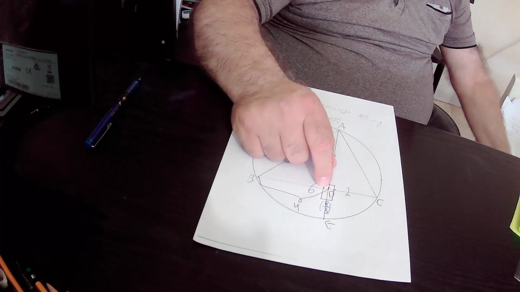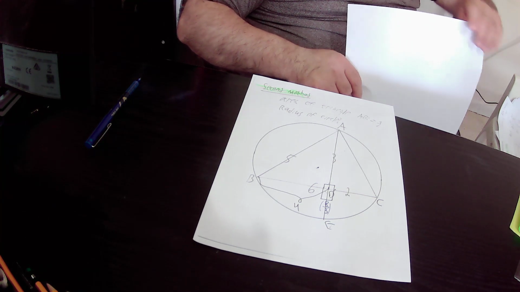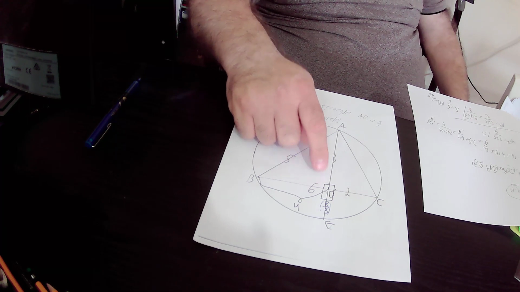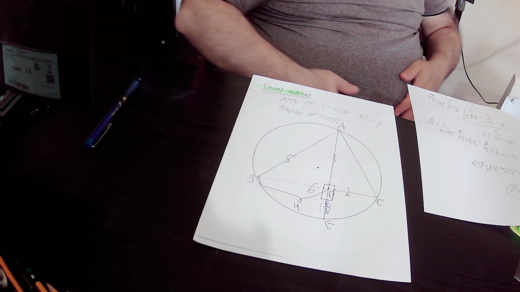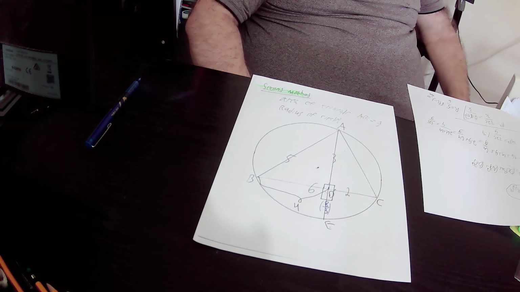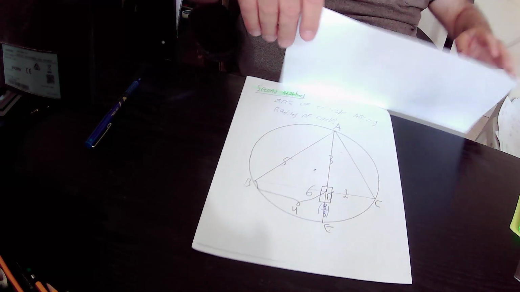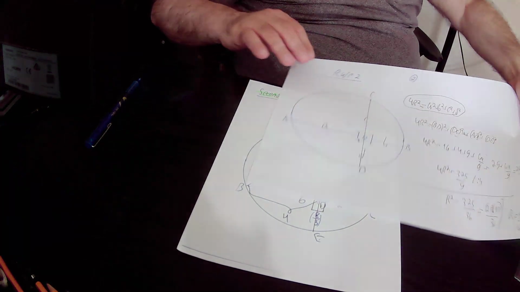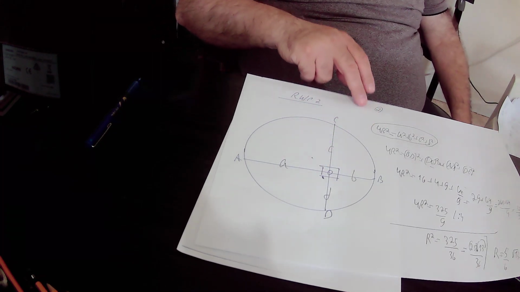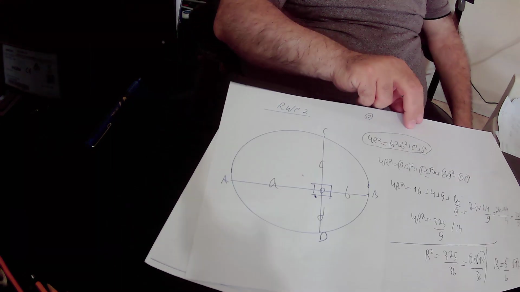Then I presented to you rule number 2. But before that, all the angles around point D are right angles, according to the rule that the sum of the angles on one side of a straight line is equal to 180 degrees. According to rule number 2, if chord AB intersects with chord CD at 90 degrees, then 4r squared equals a squared plus b squared plus c squared plus d squared.